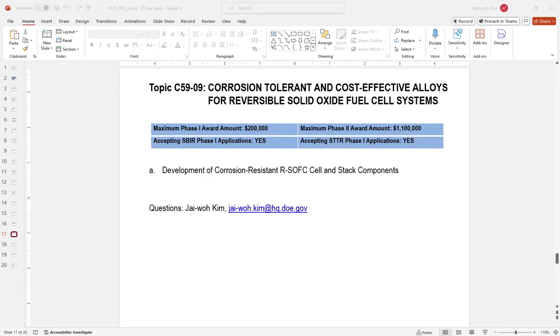It can be brittle. It can form some kind of insulation, and also some components can vaporize into the electrode, then can form some kind of different phases. So if you see the program work scope, I explained very well the phase one effort.